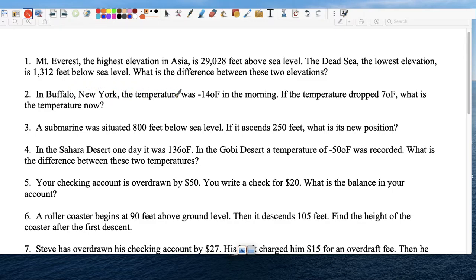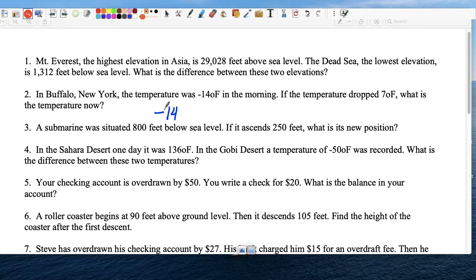In Buffalo, New York, the temperature was negative 14 in the morning. The temperature dropped 7 degrees. What is the temperature now? Again, you have to start interpreting the question. I start my day at negative 14. It dropped, and there are two ways of writing that.